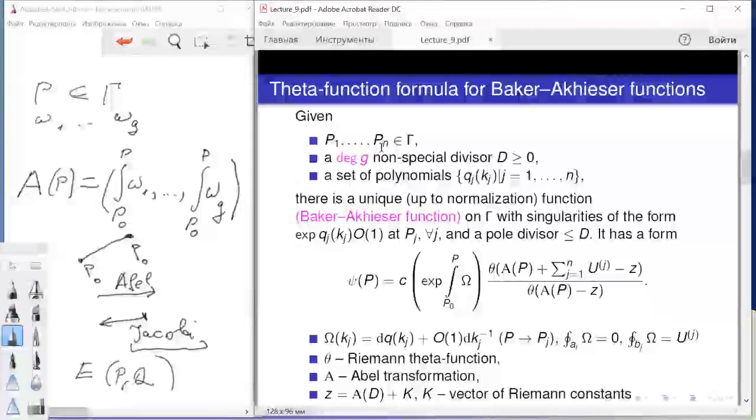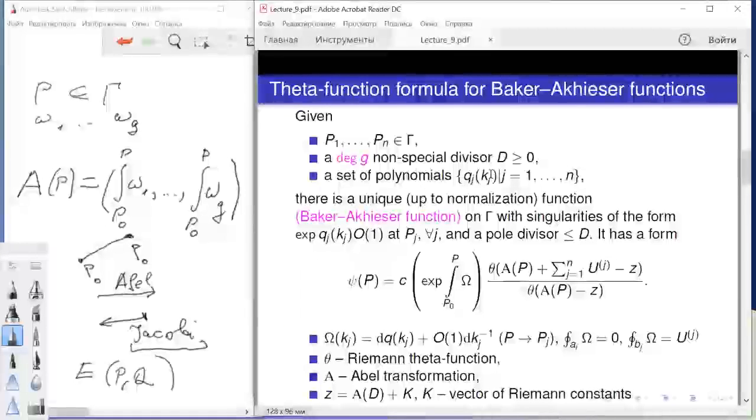with polynomials qj of kj as exponents there.